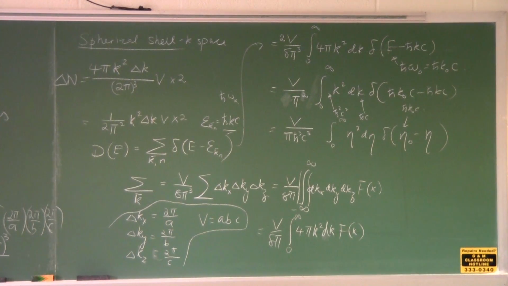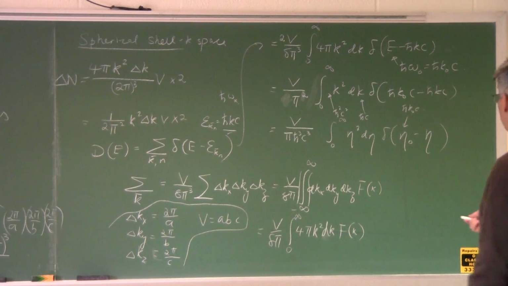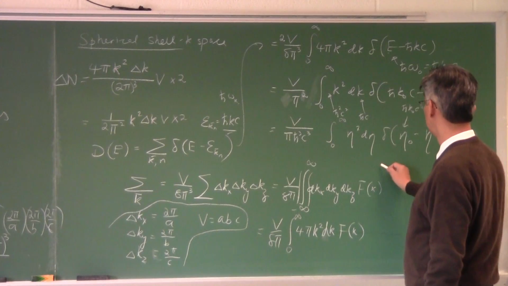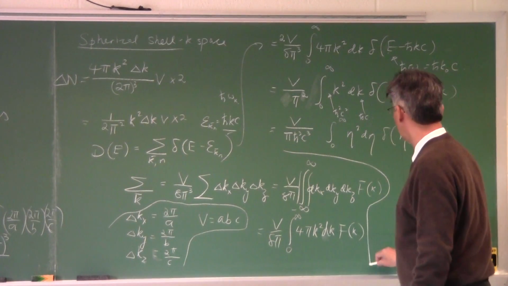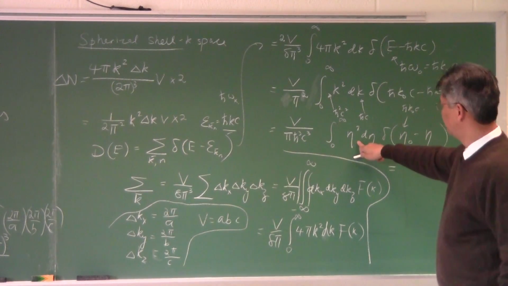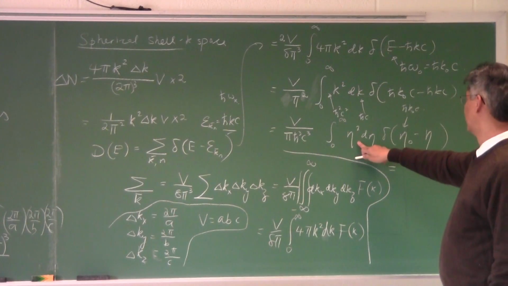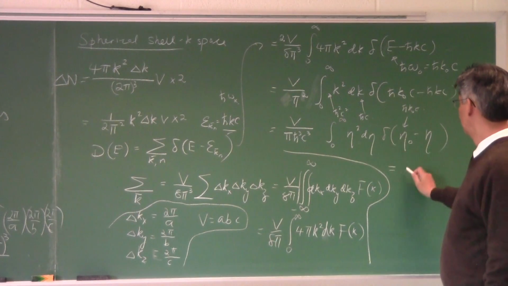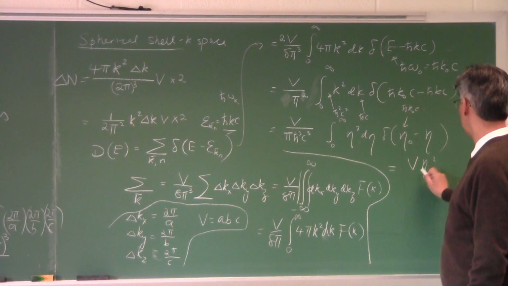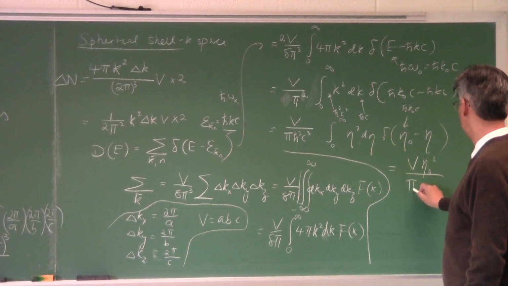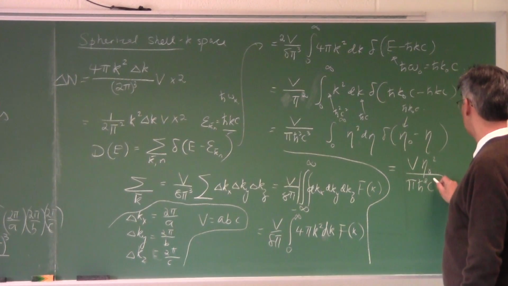I can do a change of variable and convert that into that integral over there. And this integral will just give me eta naught squared. So I have b eta naught squared over pi h cubed c cubed.